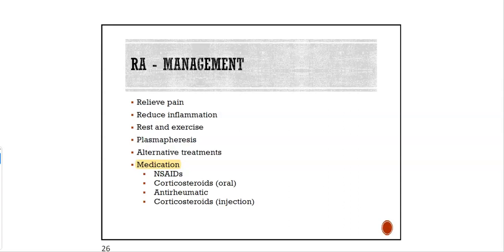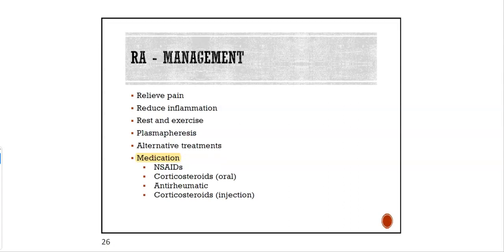One way to do that, other than giving pain medication, is also to reduce the inflammation, because most likely the reason for those symptoms is that inflammation. Also resting and exercising. We just have to time it correctly. There is a moment to rest and a moment where they can actually exercise, so it's about finding that balance. And then plasmapheresis is another intervention.